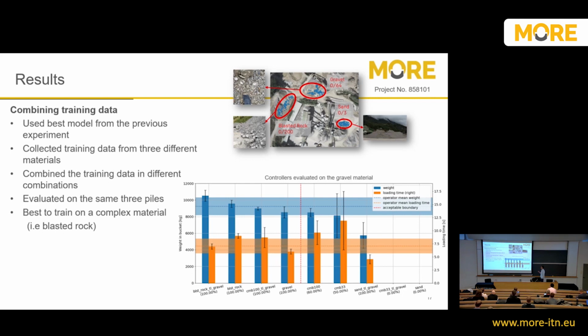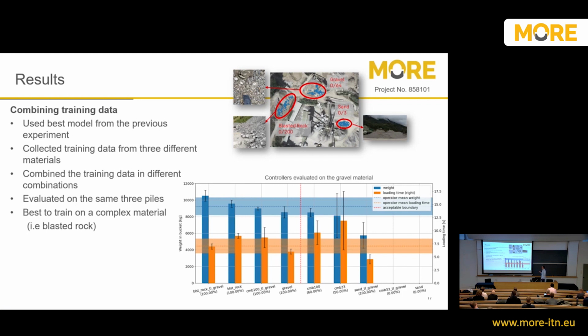You can either combine all of the training data, take a little bit from every pile, or take everything from one pile and only a few samples from the other pile. Here we could see that it was really best to train on the complex material, the blasted rock, which is more non-homogeneous, with different sizes of rock.